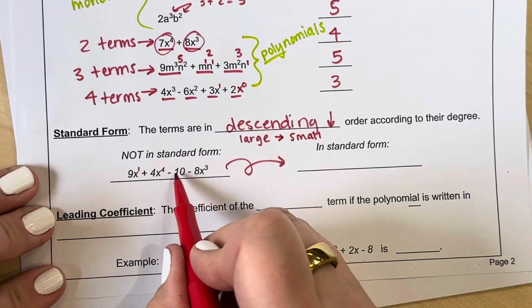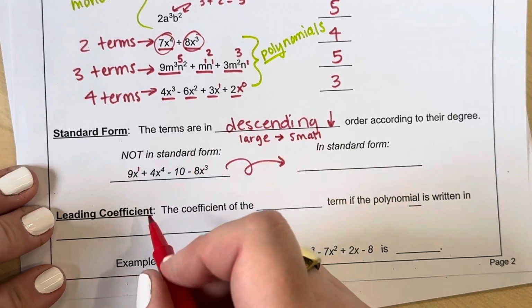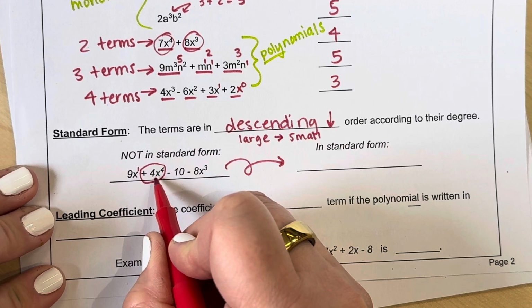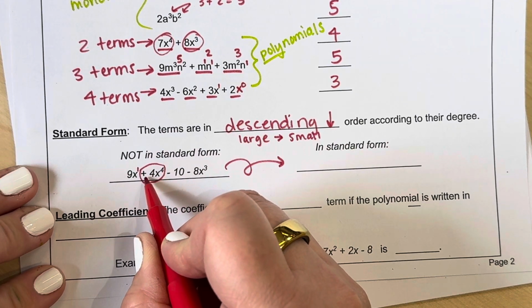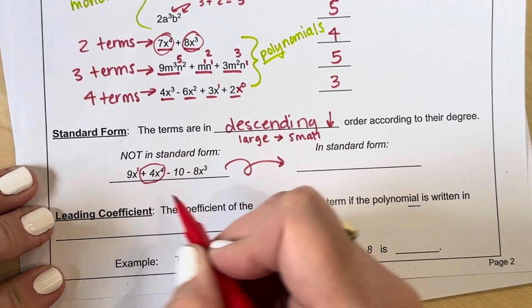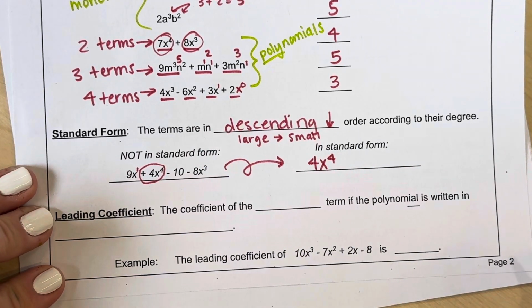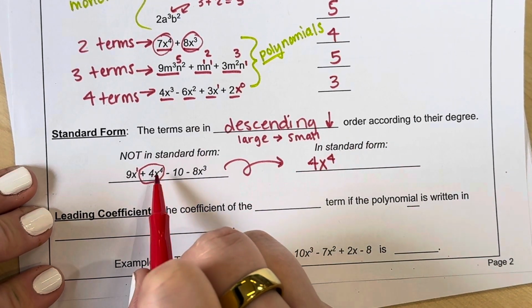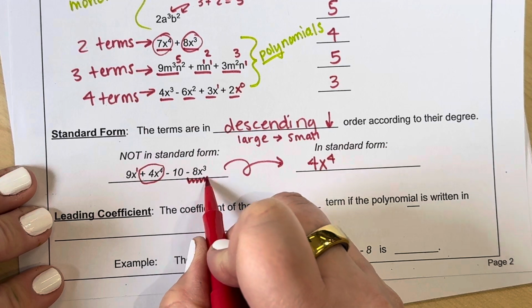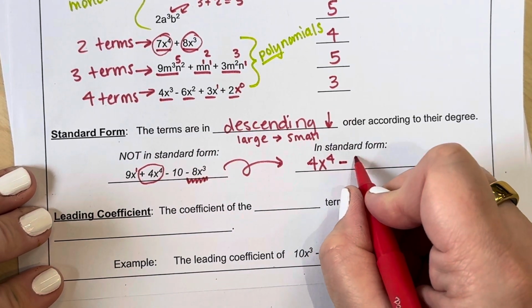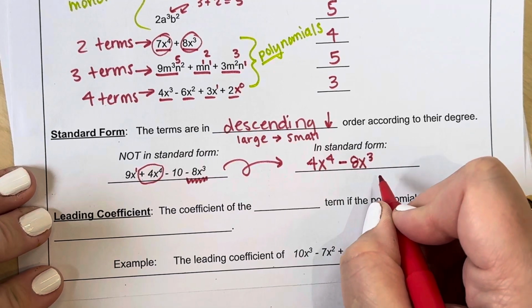So the largest degree here is this, and I'm always going to take the sign directly in front of it. That means that this is a positive 4x to the 4th, so I'm going to lead with a positive 4x to the 4th. The next largest term is here. I'm going to take the sign in front and write minus 8x to the 3rd.